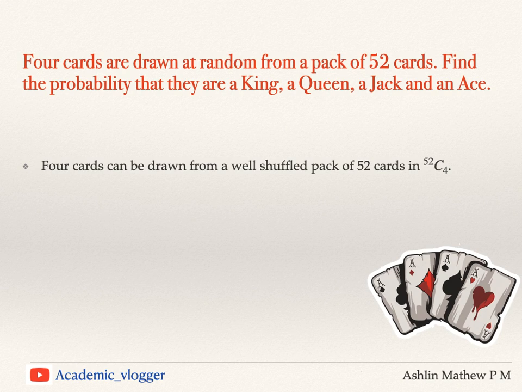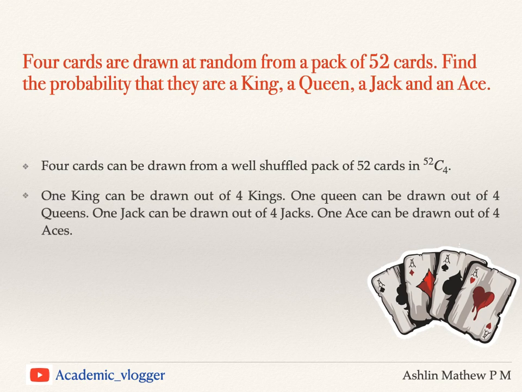Now, I have already told that in each symbol there is a king, a queen, a jack and an ace. So in the total of 52 cards, there are 4 kings, 4 queens, 4 jacks and 4 aces.